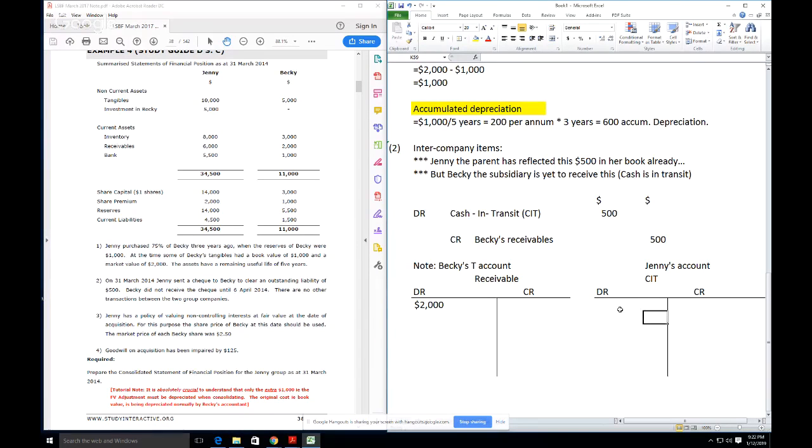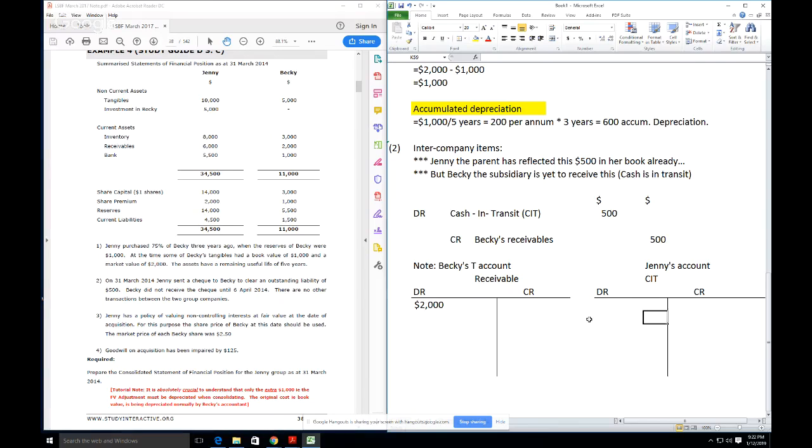Normally if you credit the receivables, you are reducing the asset. If you credit the receivables, it means you have paid the person. So it goes out from where? Your bank. But in this particular case, note 2 says Jenny has already sent a check to Becky.